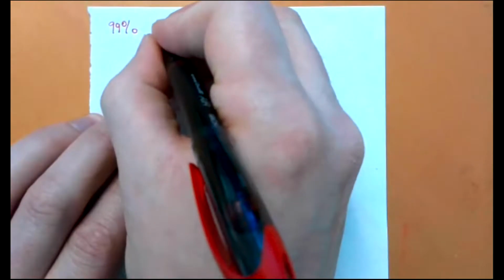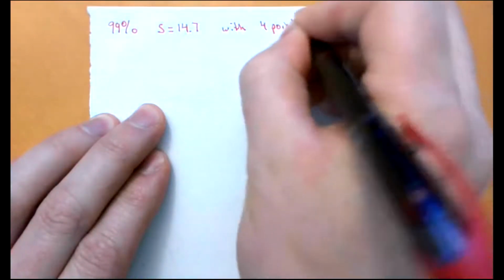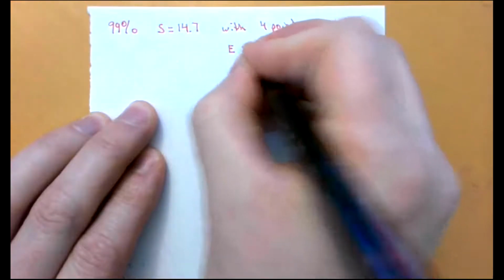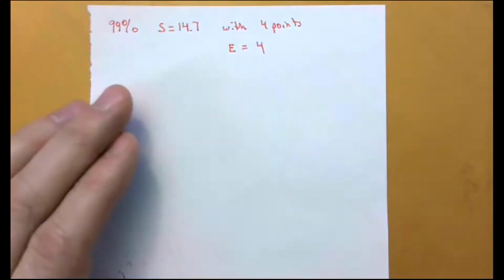So remember, it said a 99% confidence level. It gave us a standard deviation of 14.7, and it said we needed to be within 4 points. So that was our E. These are the only 3 important things I need from that problem.